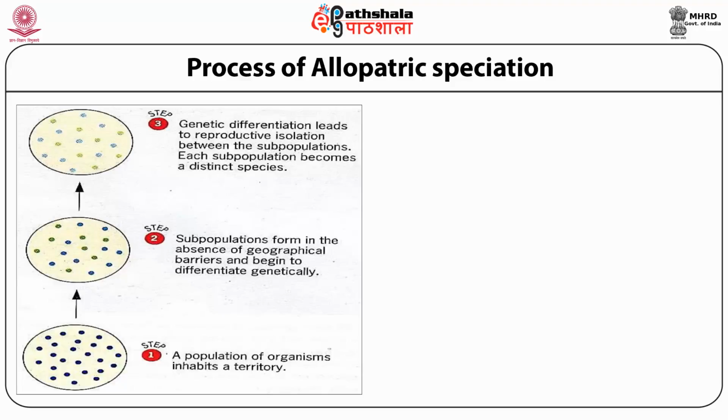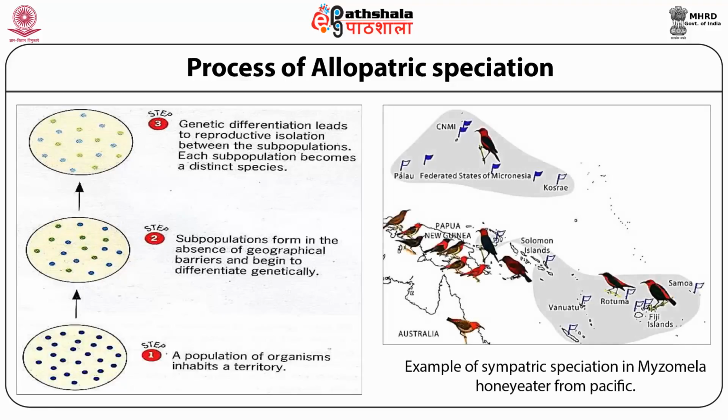Once the genetic difference has arisen between these subpopulations, they become reproductively isolated, and mating between these two populations, initially belonging to the same species, is not possible, and each subpopulation becomes a distinct species. An example of sympatric speciation is the Myzomela honeyeater from the Pacific.